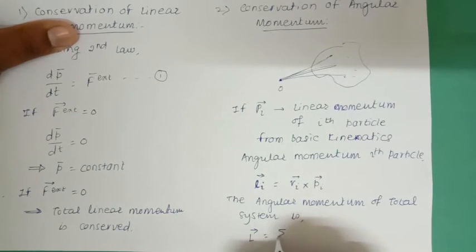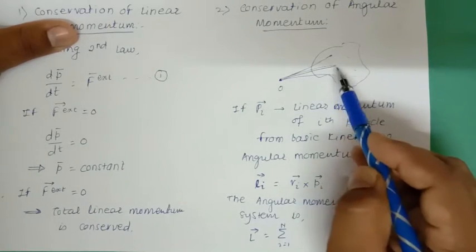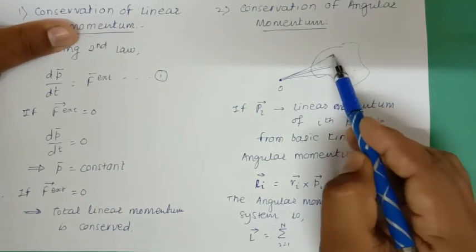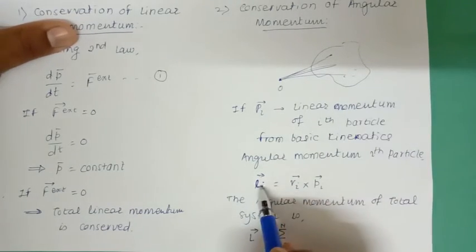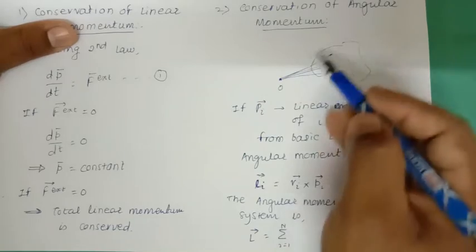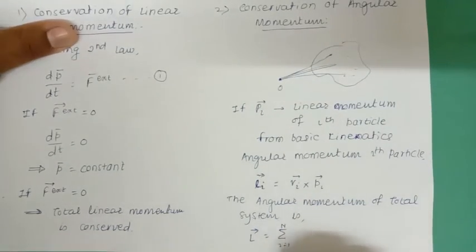It can be represented as a summation that runs from 1 to n, since we are summing the angular momenta of all the particles which make up the system: the first particle, second particle, that means L1 plus L2 plus L3 plus L4 up to Ln. I am writing L1, L2, L3 by this summation sign.